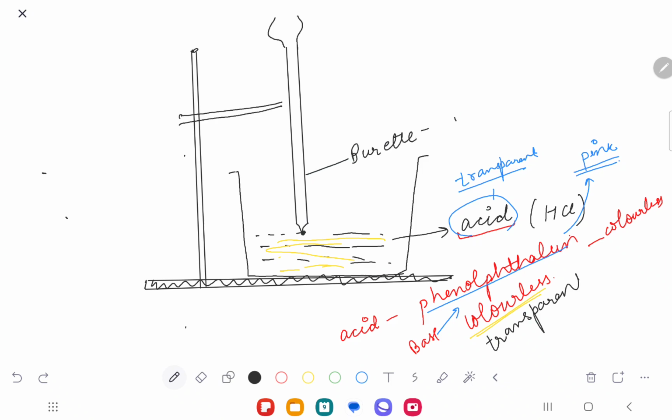And this burette is actually calibrated, as in it has certain markings on it. The markings would start from 0, 1, 2, 3, 4, 5, and these are mLs. So if, let's suppose, this is a 500 ml burette, my last reading here would be 500 ml right here. You understand?